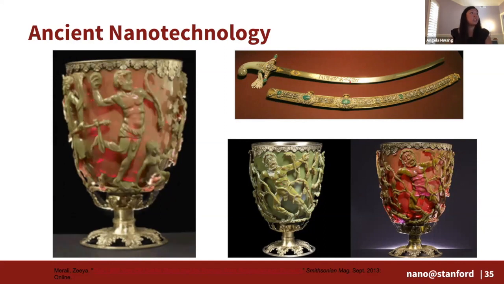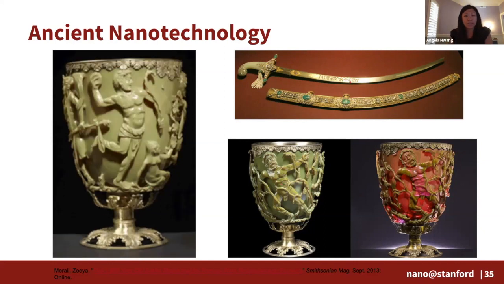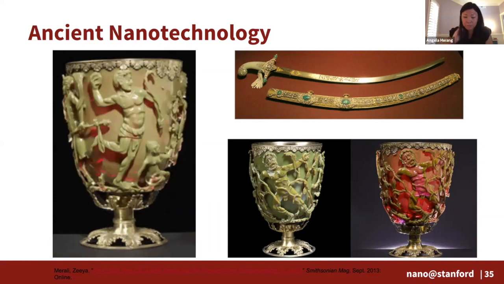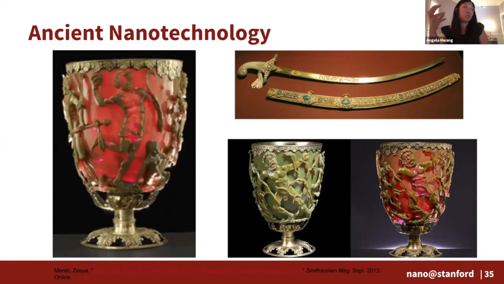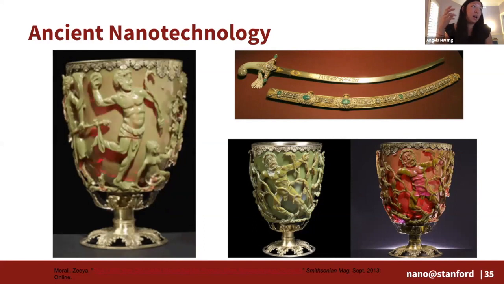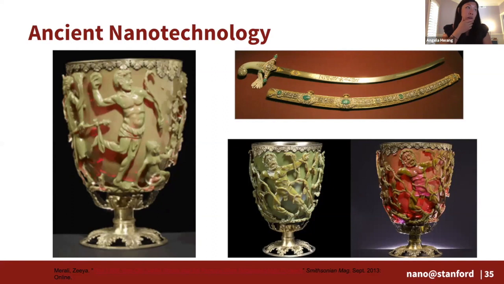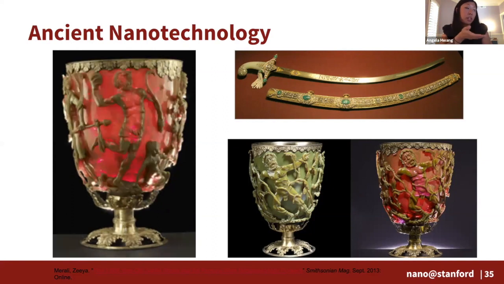And over here is the Sword of Damascus. They're really special swords from, I think, the Mesopotamia area. They were really strong and really light, and famous for their excellent quality of work and craftsmanship.